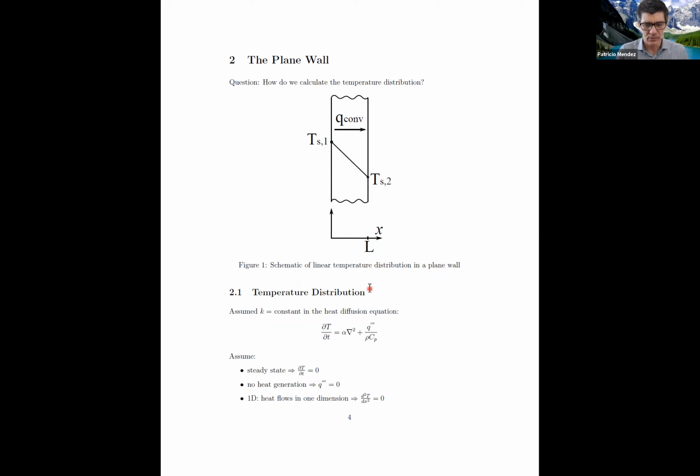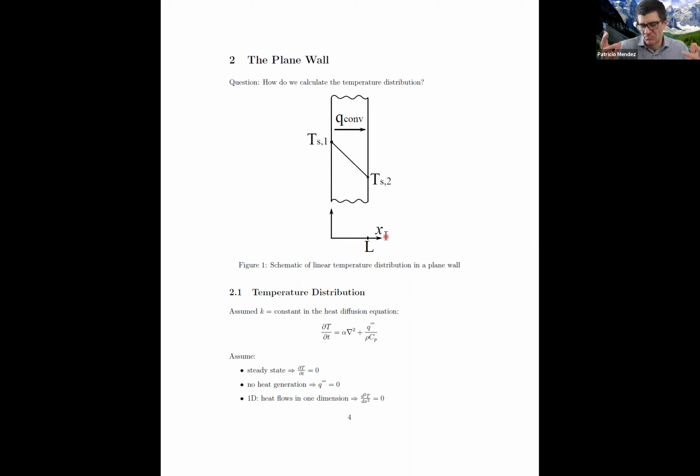So in the plane wall, we are going to look at the temperature distribution. Here we have a plane wall. I'm going to put a coordinate, the x-axis, against one wall. Let's call this wall 1. And the thickness of the wall, I'm going to call L. This is what the book uses.